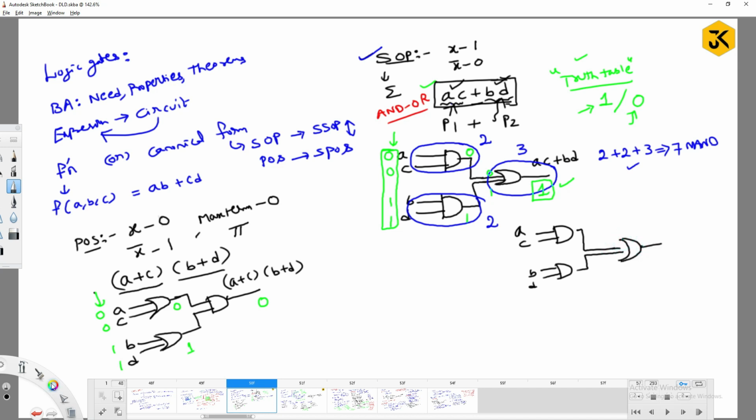So this procedure is perfectly fine. But can we reduce to fewer than seven NAND gates? Seven NAND gates is the maximum. Is there any solution to get fewer than 7 NAND gates? That is my question, right?